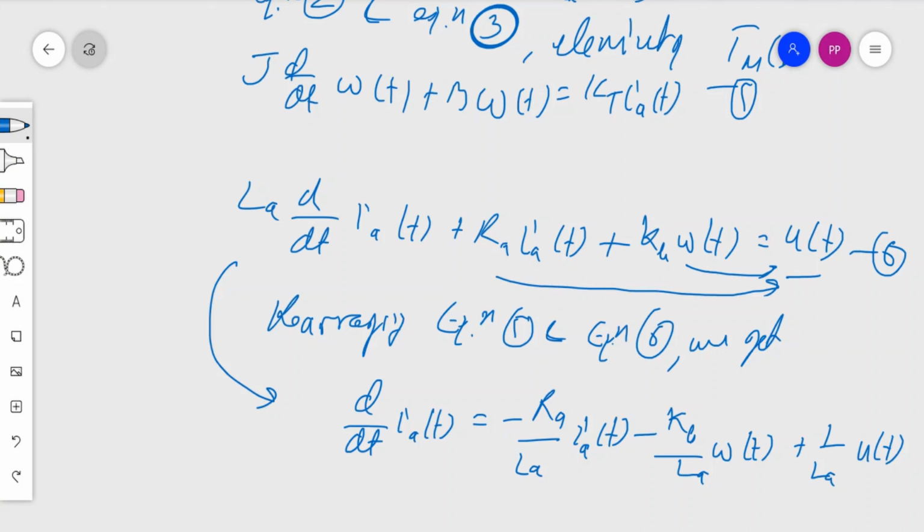Now this is equation 7, and similarly I am rewriting equation 5.